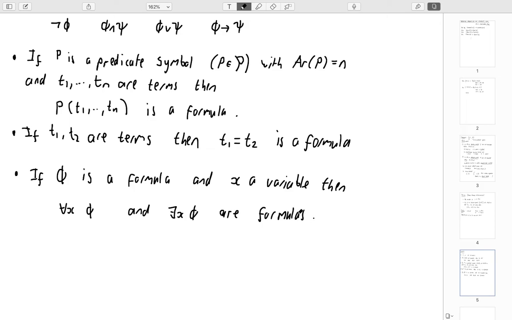That's it. Those are all the rules for building formulas.